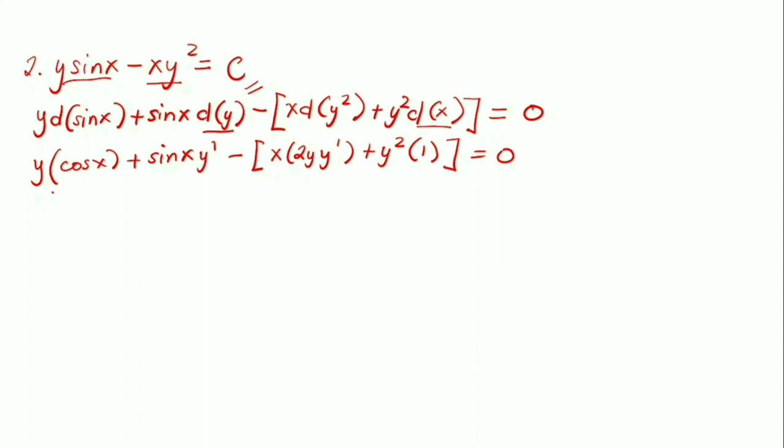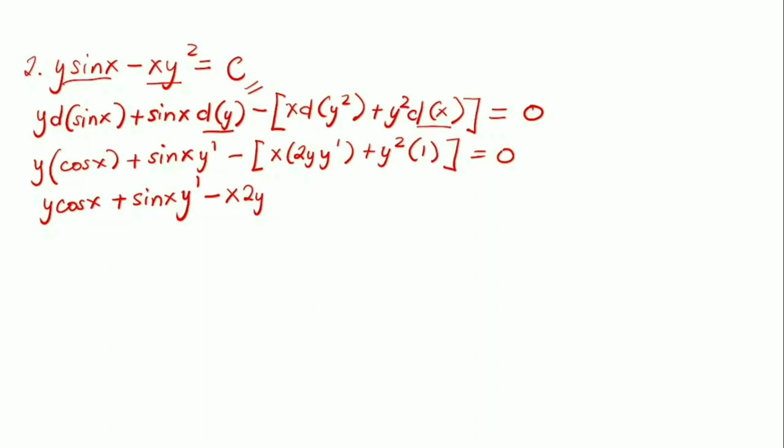Now, simplify or arrange y times cosine of x plus sine of x, y prime, times minus x 2y y prime minus y squared is equals to 0.